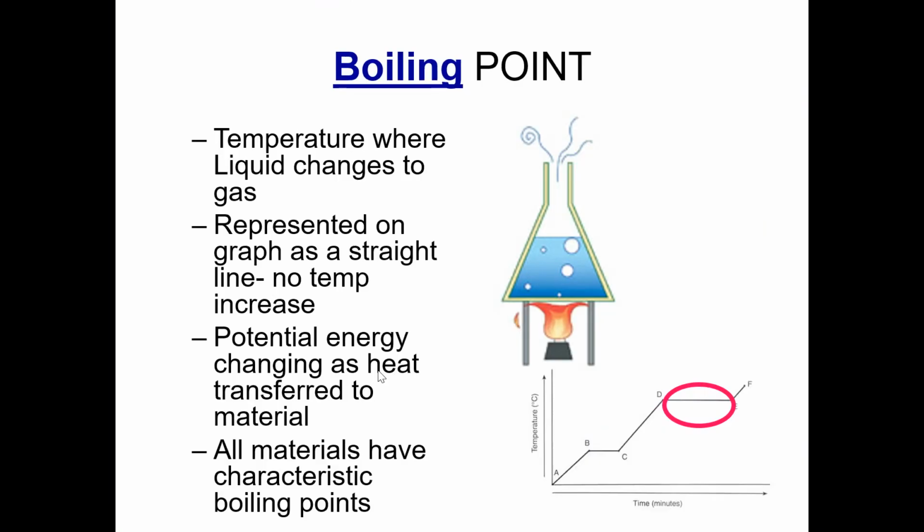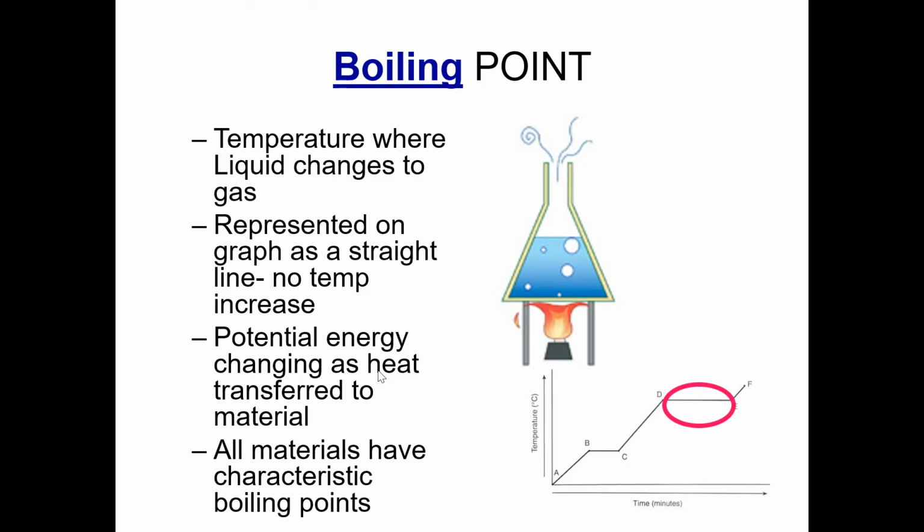When it gets to the boiling point, you start having the liquid becoming a gas. During that phase change, again, it's a plateau. It's saying that you have a non-changing temperature, so the kinetic energy will not change, but since you are putting energy into it, you're changing the potential energy.